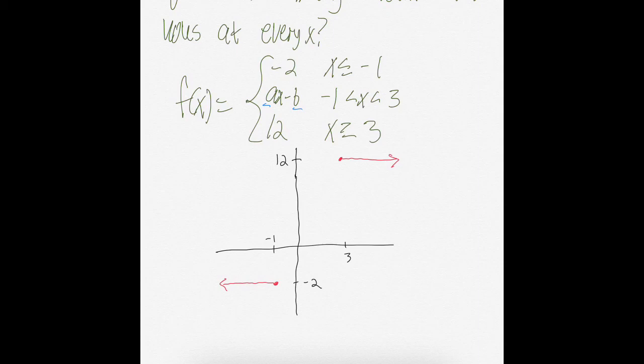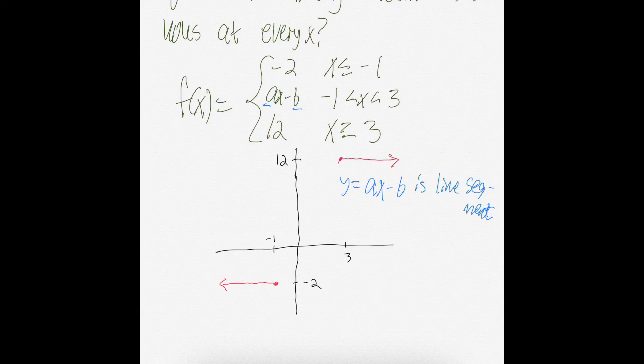In the middle, I know that it's going to be a line segment, right? So ax minus b is a line segment. If I write y equals ax minus b, that certainly looks like a line. And since we're only looking over the x values -1 to 3, this is a line segment.